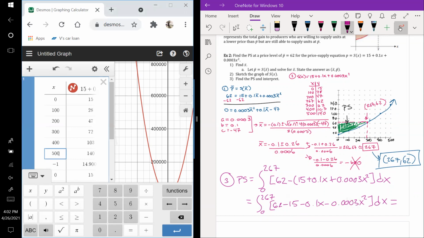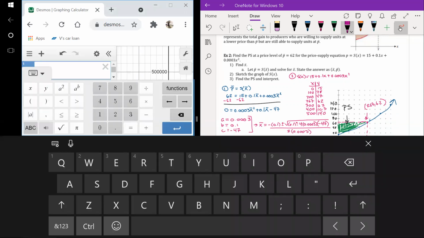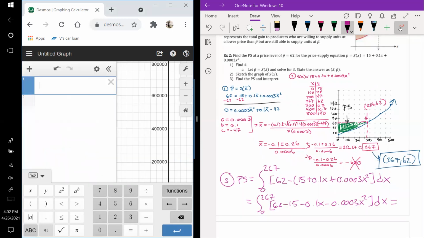Over here, I get the integral from 0 to 267 of 62 minus 15 minus 0.1x minus 0.0003x squared.